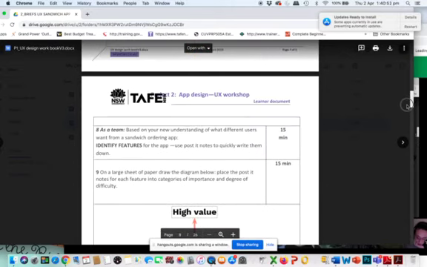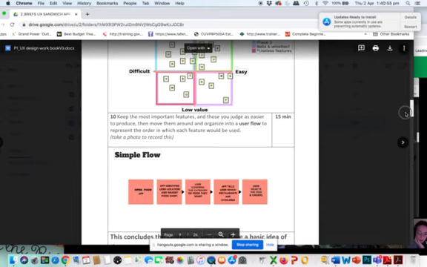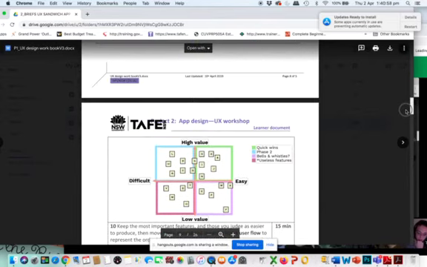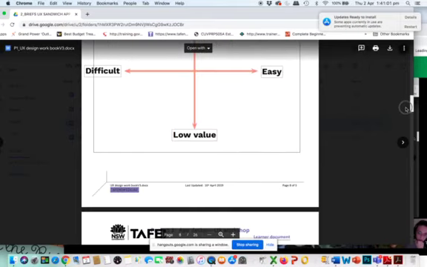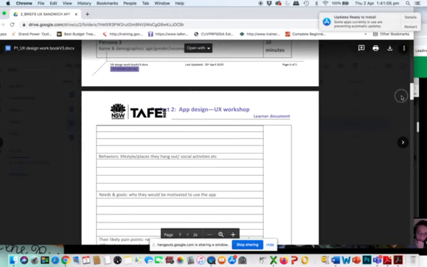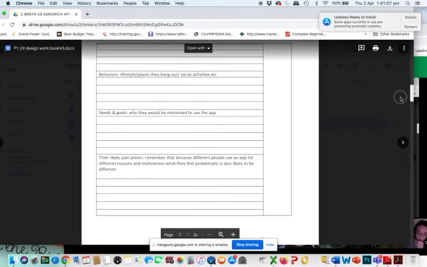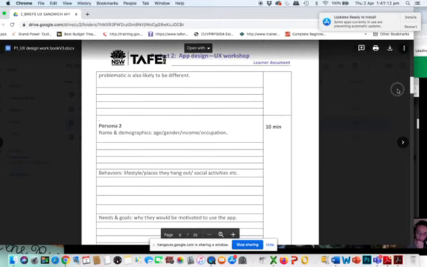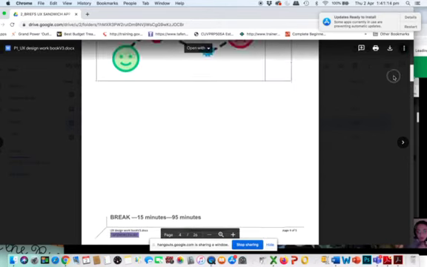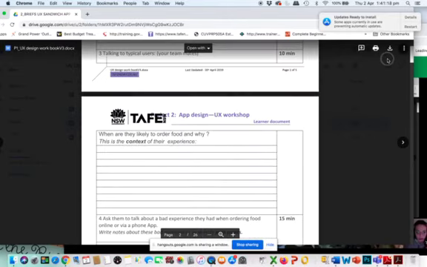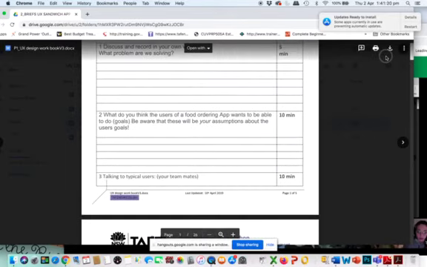But for next week, some people have already started and they heard me do this briefing session at TAFE and they're ready to move on to this part. The rest of you, all you need to do for next week is get down to the part where you've identified your personas, the actual name of the app you're going to make and who it's for.